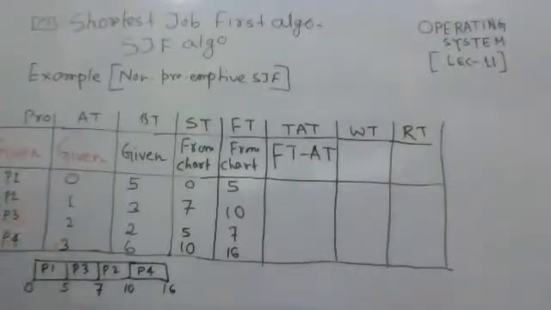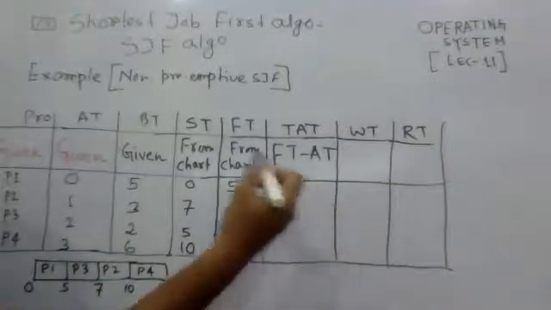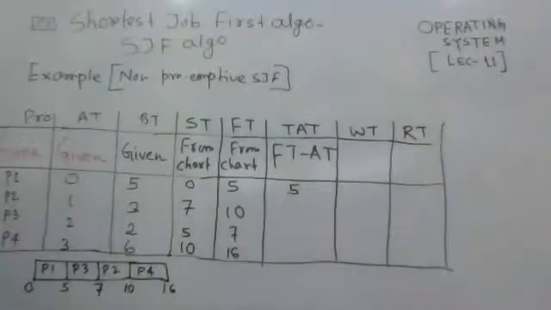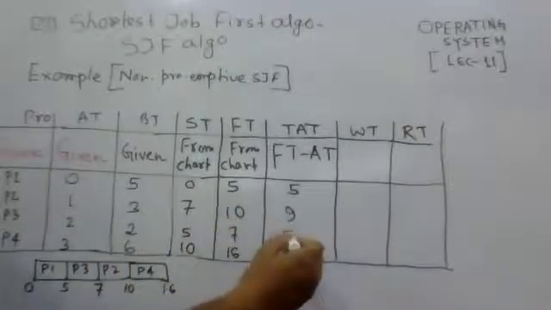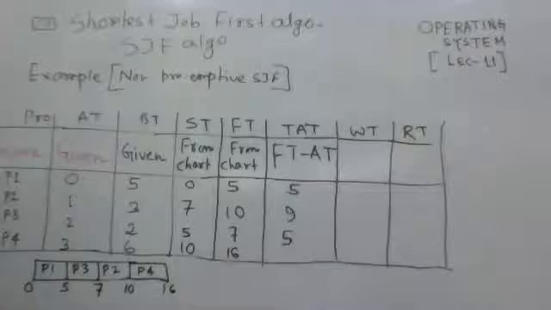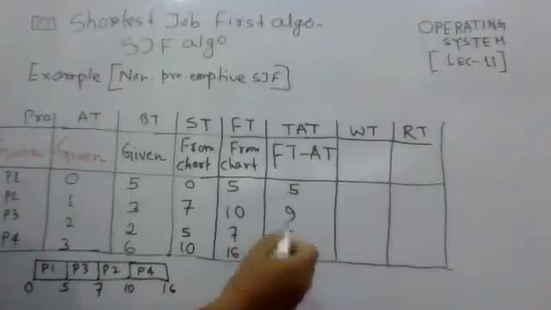Finish time for P1 is 5, arrival time for P1 is 0, so turnaround time for P1 is 5 minus 0, that is 5. For P2, it is 10 minus 1, that is 9. For P3, it is 7 minus 2, that is 5. And for P4, it is 16 minus 3, that is 13.